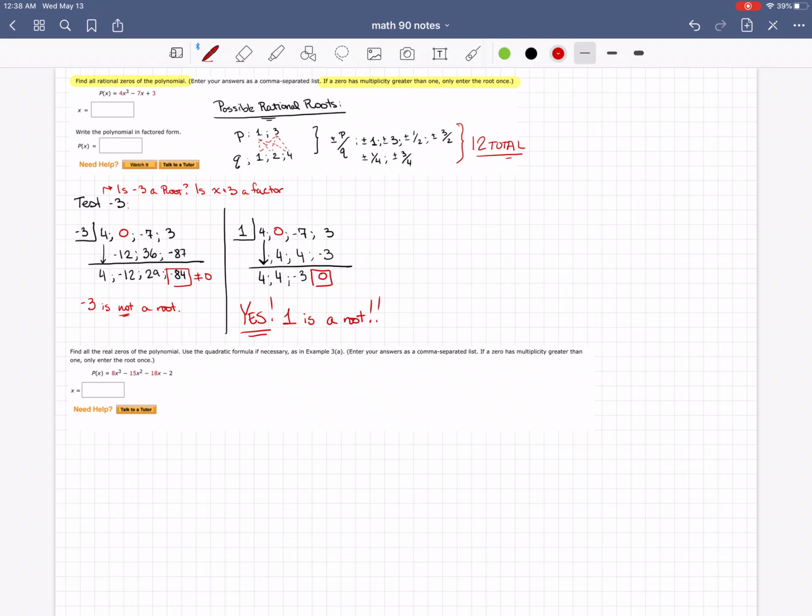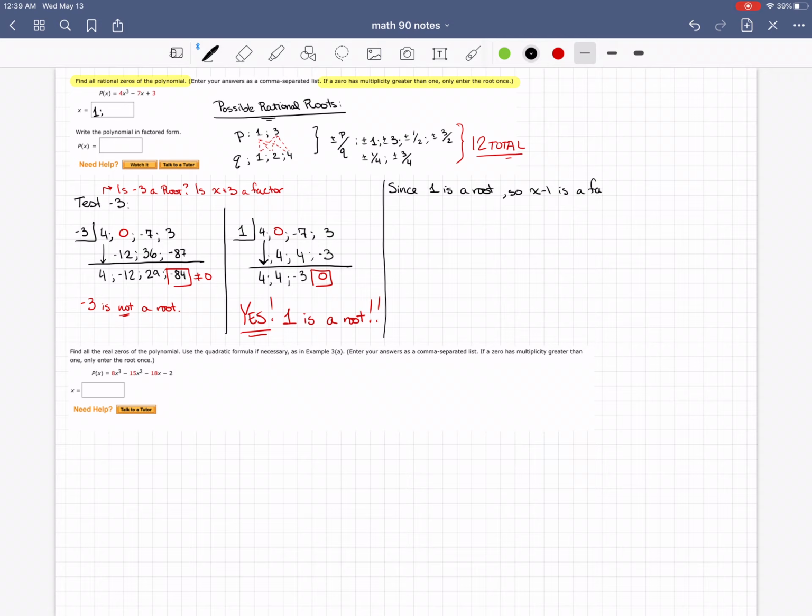Okay, so you'll notice that in the problem it says find all of the rational zeros of the polynomial. So we found 1, so might as well write it in, 1. Now, I want you to notice something. The fact that 1 is a root means that x minus 1 is a factor.